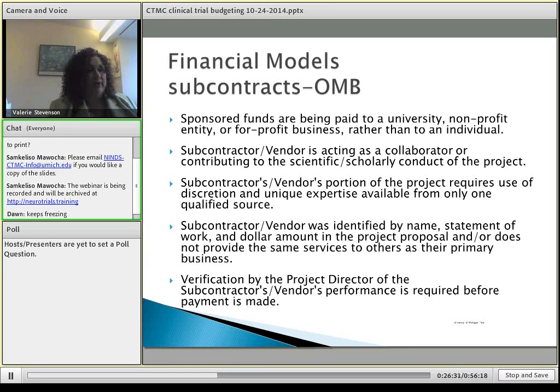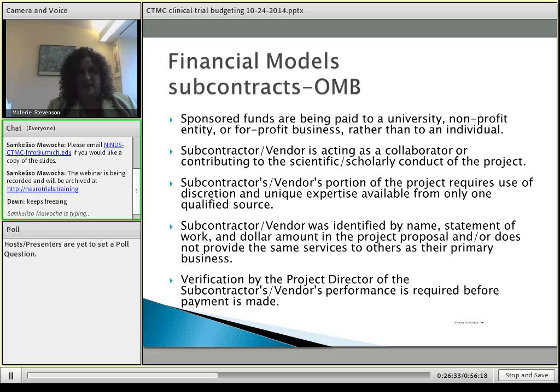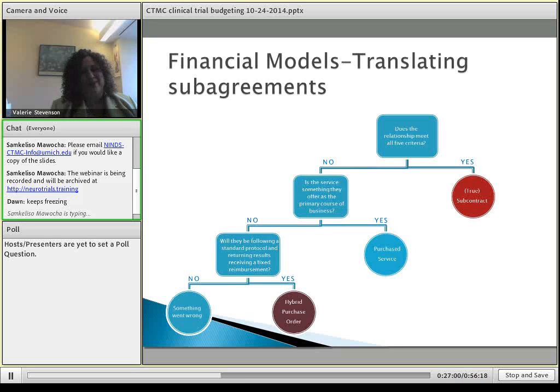So if someone's providing work and they don't meet one of these criteria, then it's appropriate to go ahead and pay them a vendor payment or a milestone payment. Again, this is from the OMB circular, which is the ultimate guidance document for how federal funds could be spent. Foundations may have different views on how funds can be spent, but when you're dealing with any kind of federal funding, that's what you need to pay attention to.